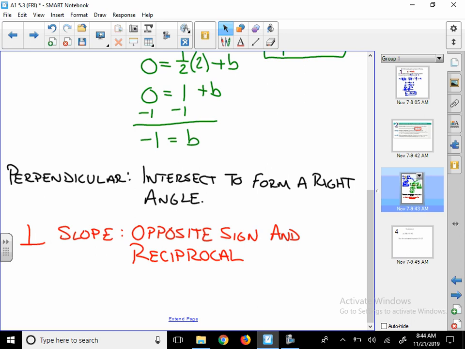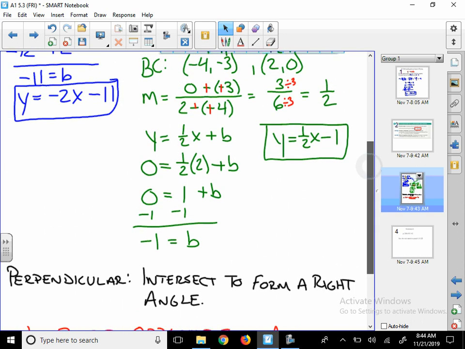So if I scroll up here and I take a look at my two slopes, I'm looking at my blue equation, y equals negative 2x minus 11. Notice in my green equation, negative 2 is negative. In the green equation, it goes to positive. If I flip my fraction, remember 2 could be written as 2 over 1.